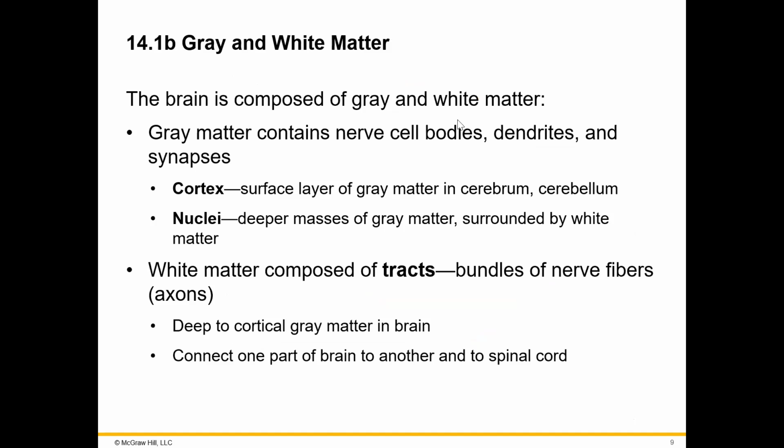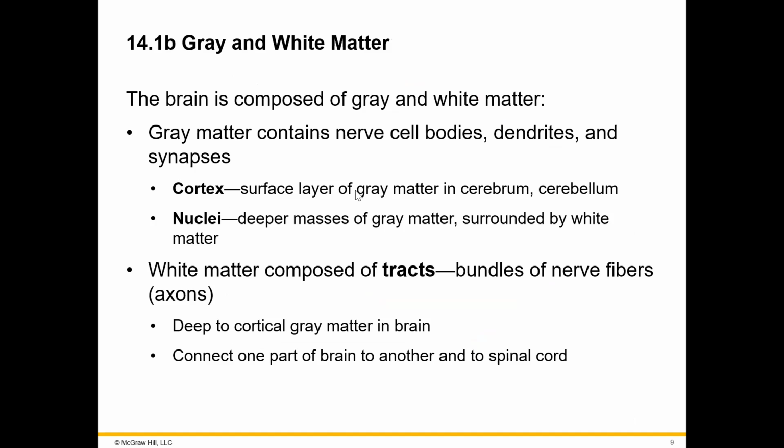So the brain is composed the same way the spinal cord is: the brain also has gray matter and white matter. The gray matter contains nerve cell bodies, dendrites, and synapses.